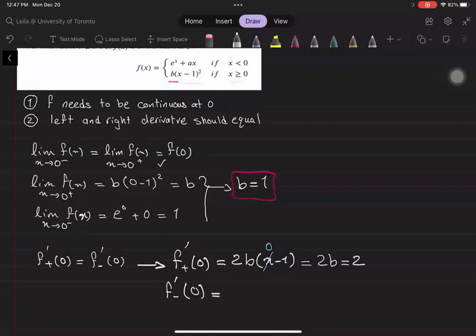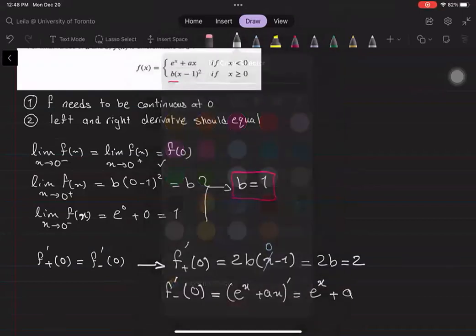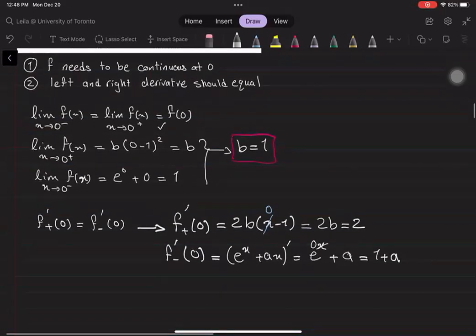You have e^x, so you want to take the derivative of each. e to the power of x is just e to the power of x, plus this one's just 8. And then 1 plus a has to be equal to what you have here, so 2.